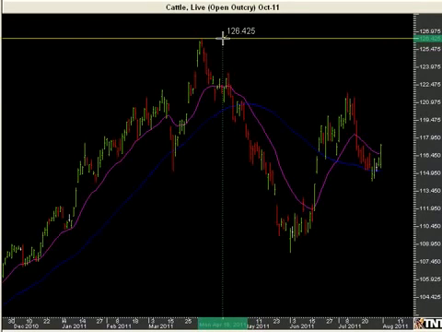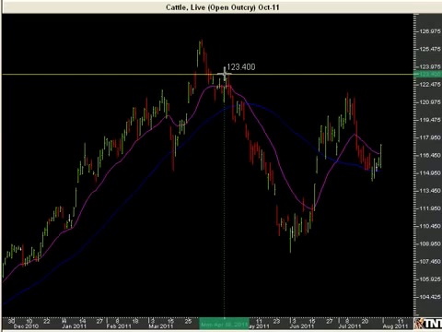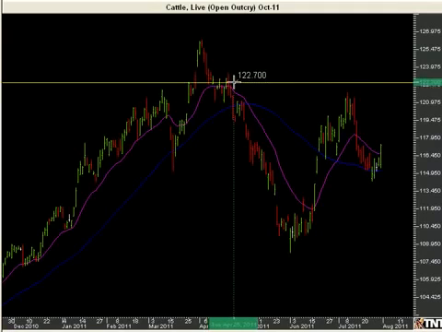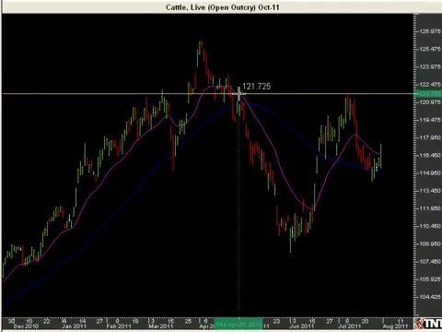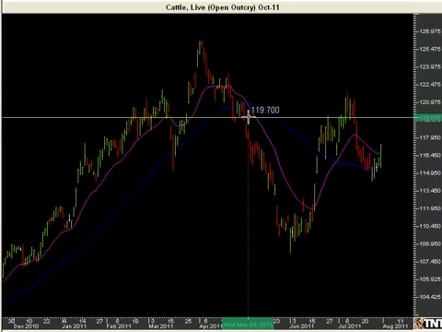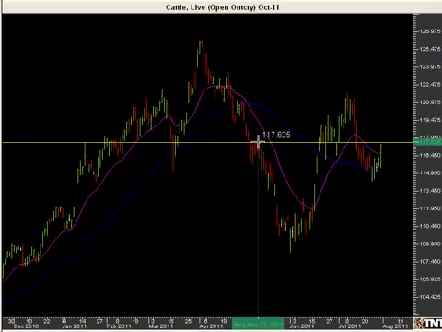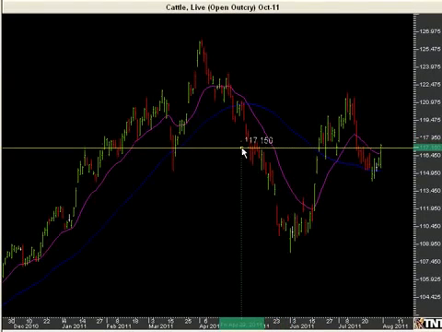For instance, you will have a line here, and then we have several hits here, so you'll have a line here. We have more hits through here, so we'll have a line here. We've got hits here, and so on. You can see that your chart can very quickly become cluttered with lines from all these support and resistance zones.